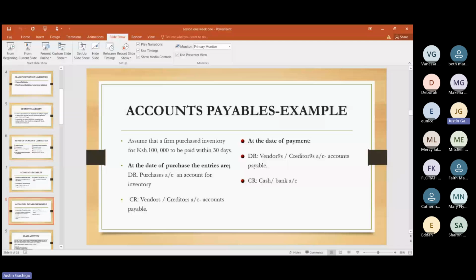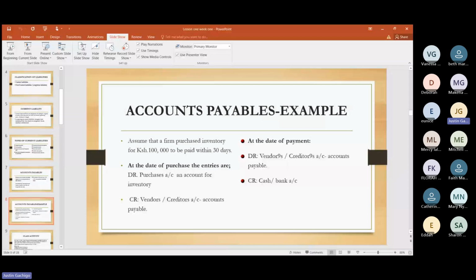Remember, this is the double entry concept. Increase in asset, we debit. Decrease in asset, we credit. Increase in liabilities, we credit, and decrease in liabilities, we debit. I'm very sure that concept is still very fresh in our minds.